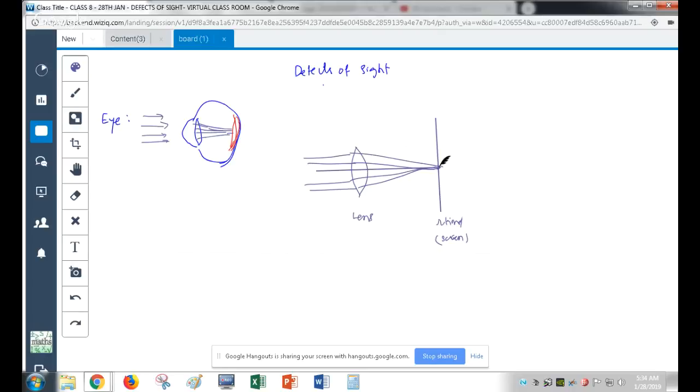That means the principal focus is the retina. The retina is so adjusted between the lens and this, that all the light rays are exactly focused on the retina. From this focus part, the optical nerves will take these images, and the optical nerves take these images to the brain.